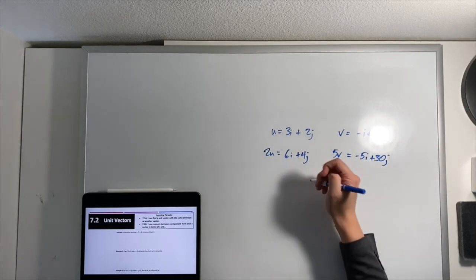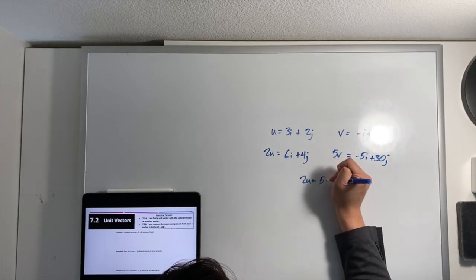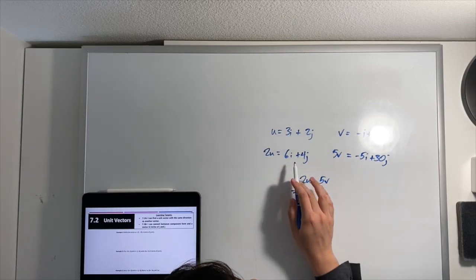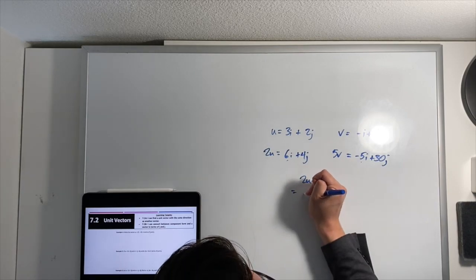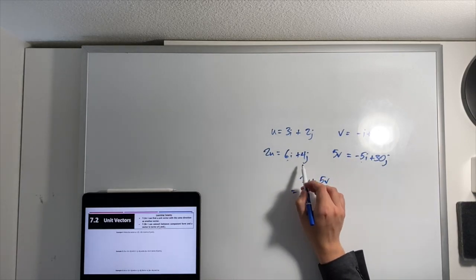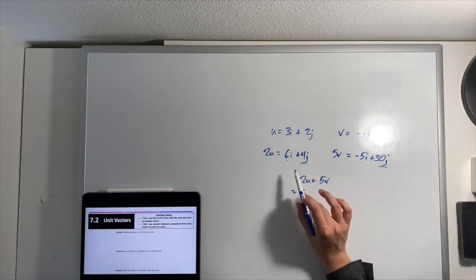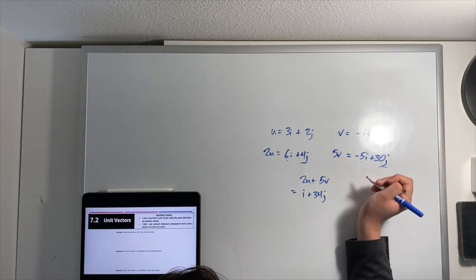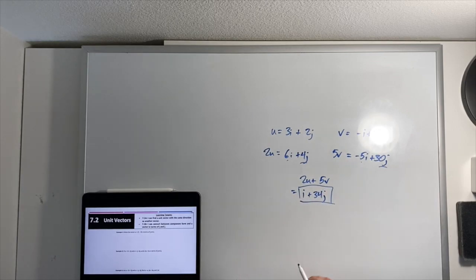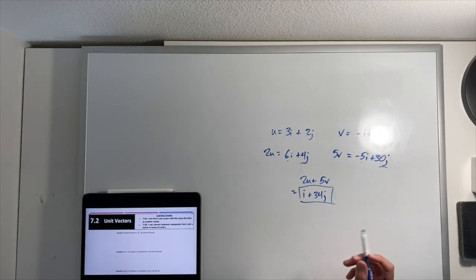And if we want to add these 2 together, then we're adding our horizontal components. 6i minus 5i is i, and then we're adding our vertical components. 4j plus 30j is 34j. As long as we're keeping our like terms together and taking our time, it shouldn't be terribly confusing.